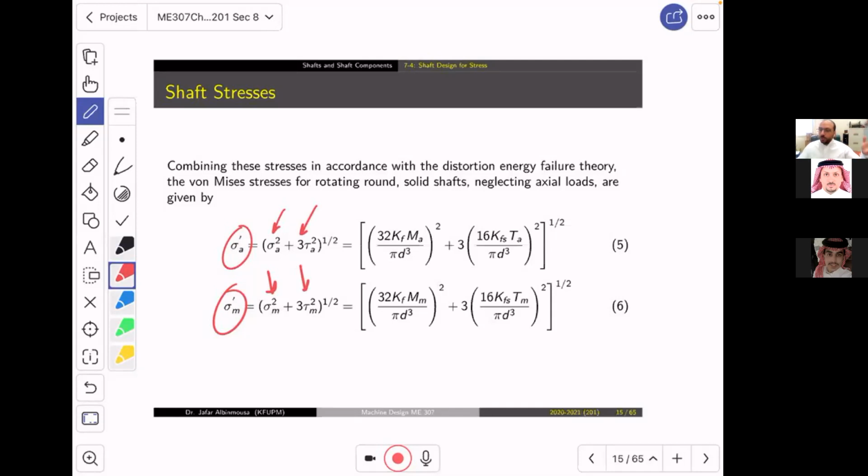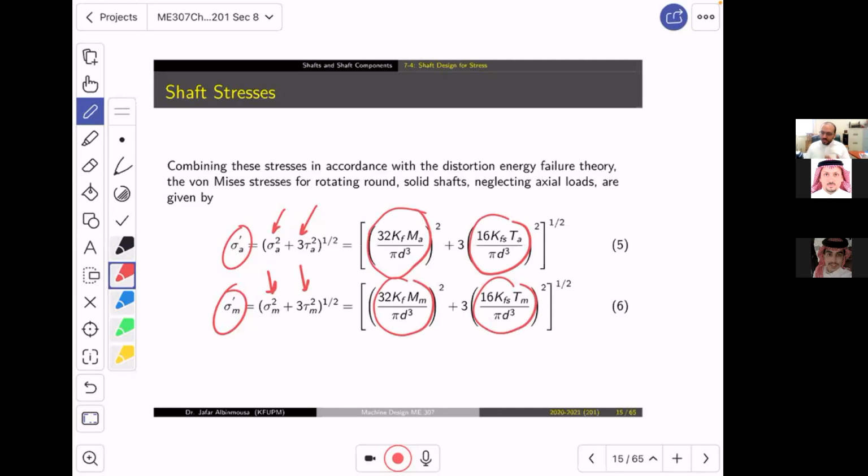It is 32 Kf Ma divided by pi multiplied by d to the power 3, which is this. So what are we doing here? We are supplying the equations inside von Mises. We don't need to keep them simple, like sigma a, tau a, because we know what is inside them.